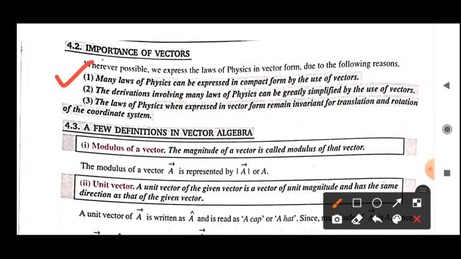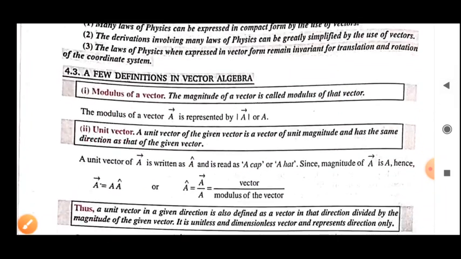This makes our physics laws universal laws. So the importance of vectors in physics is huge: they make our laws simplified, universal and compact.